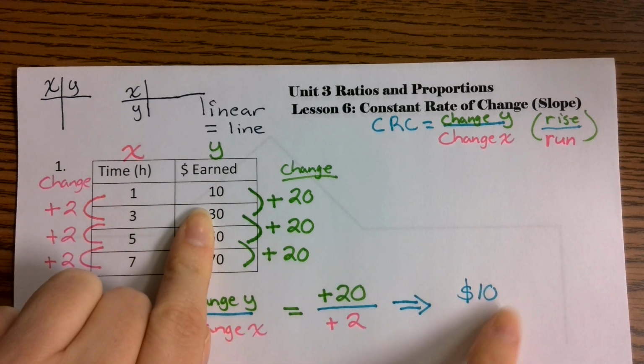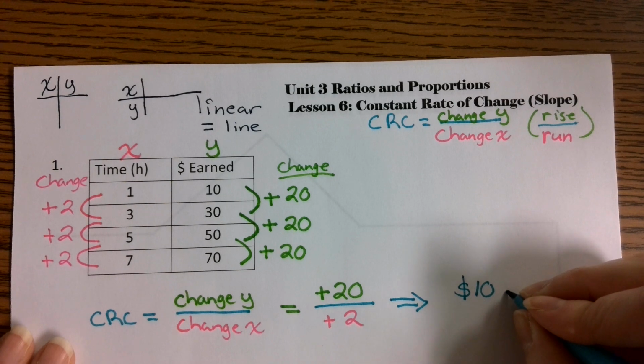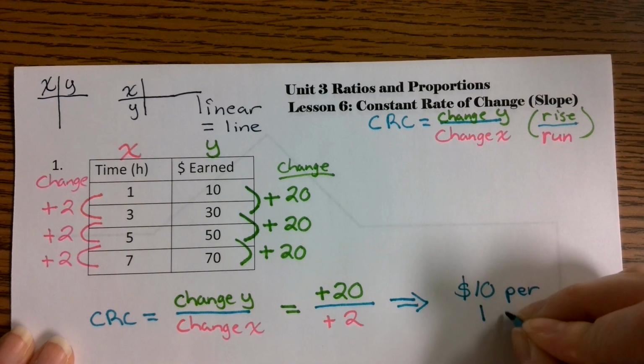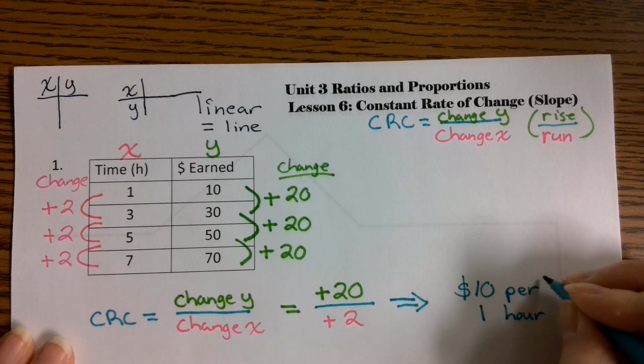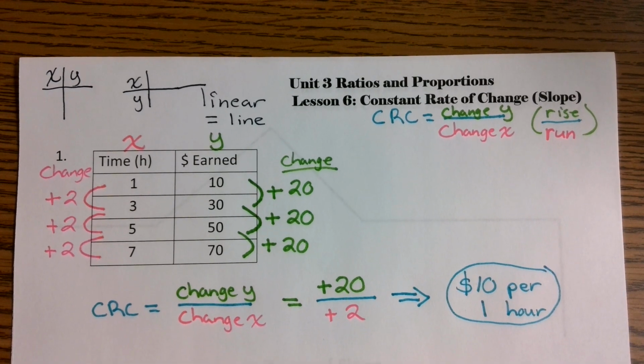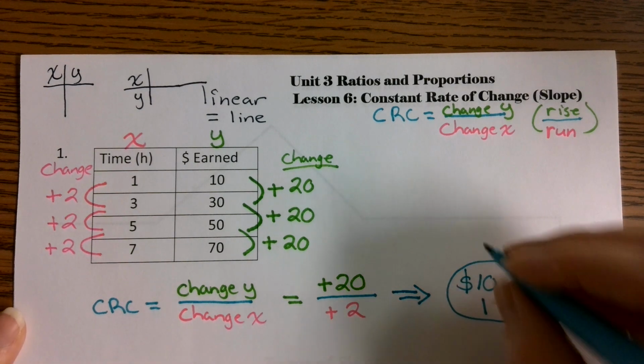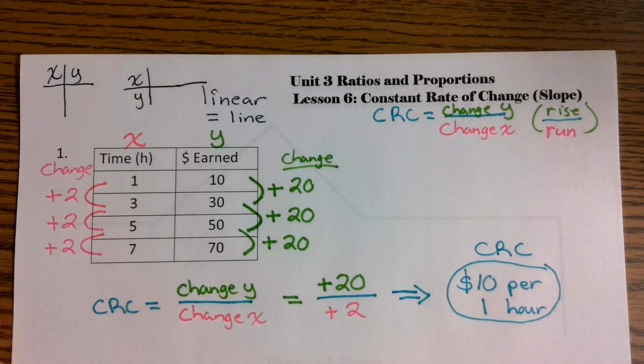Change of y is 10, and that's money. $10 per 1 hour. That's our constant rate of change. Every hour we're increasing by $10 or we're earning an extra $10. There's our CRC. Okay?